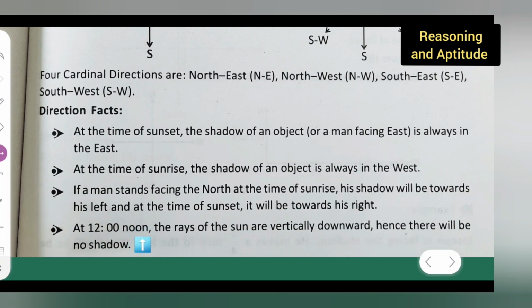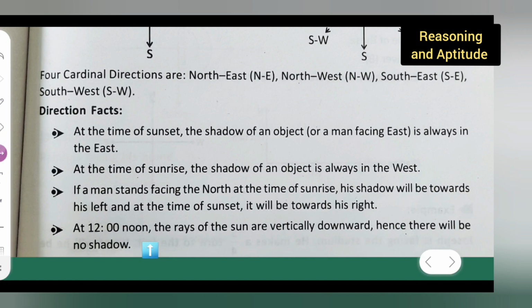At 12 noon, the rays of the sun are vertically downward, hence there will be no shadow. You'll have to remember all these concepts, very important basic directions which you'll have to know.